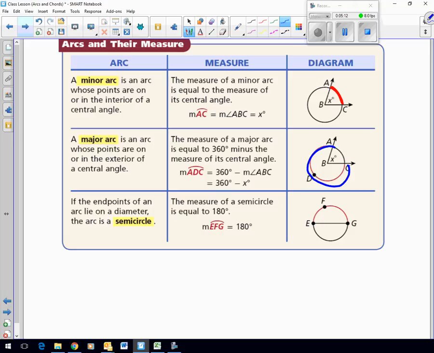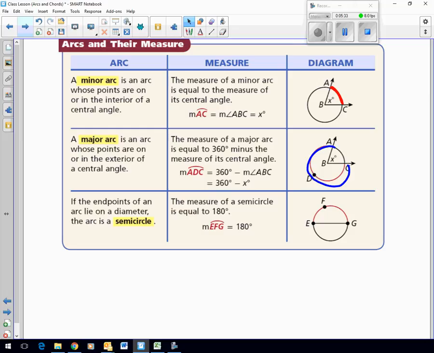Major. Is this going to take you more or less of the circle to get from A to C? More. That's why we call it the major arc.